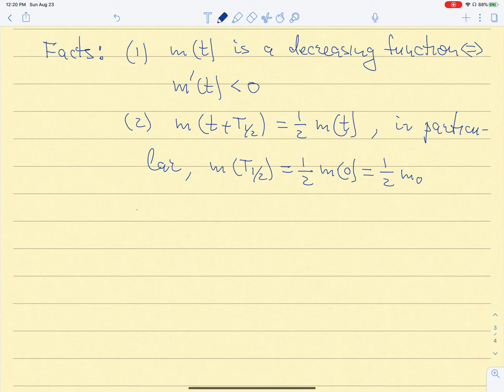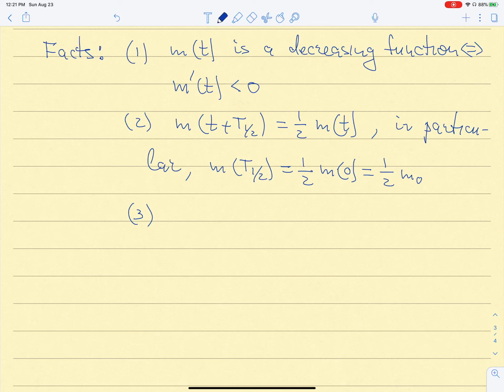So maybe item number 3. If you have a radioactive sample, then you would expect that this sample decays at all of its points, right? It doesn't decay just at the center or on the surface. Every single piece, chunk that you can extract from the sample will decay at the same rate.